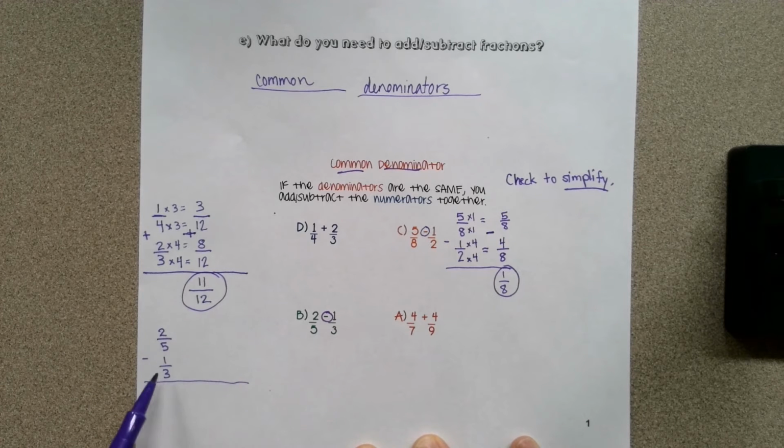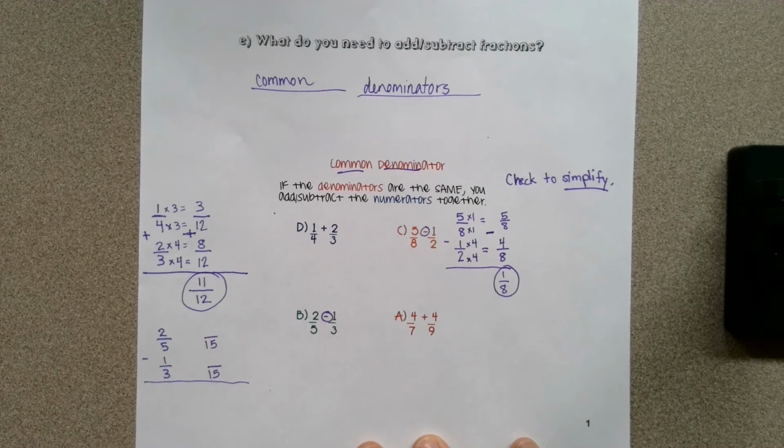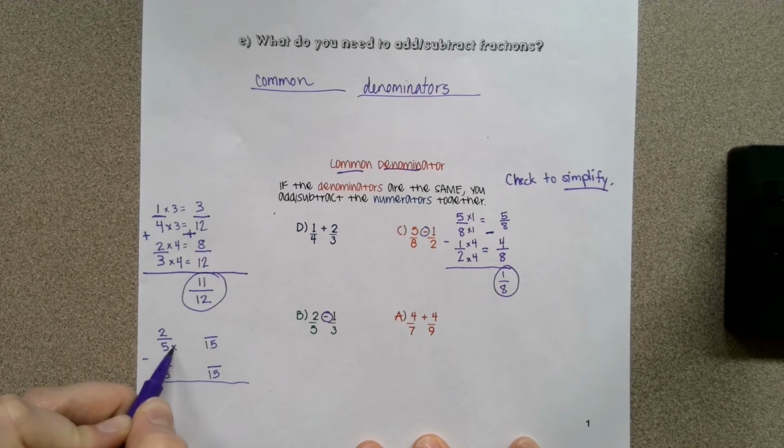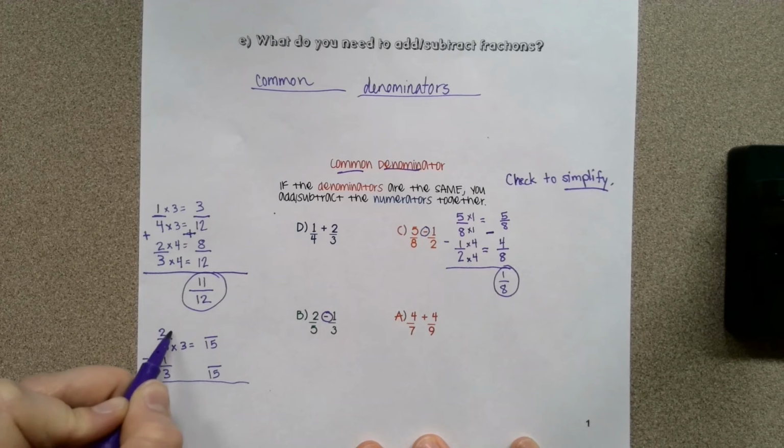Between the 5 and the 3, we can multiply them together to get a common denominator of 15. So we want to write that first. And then we ask, how do we get from 5 to 15 using multiplication? We would need to multiply it by 3, meaning this fraction, numerator and denominator, has to be multiplied by 3.